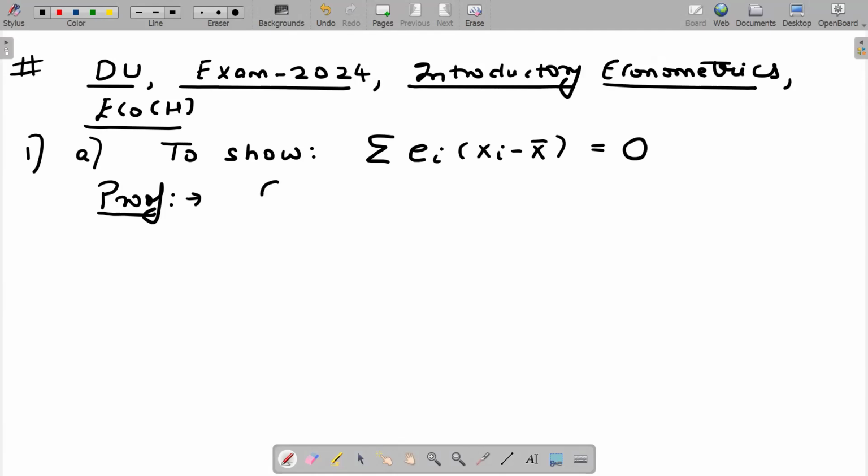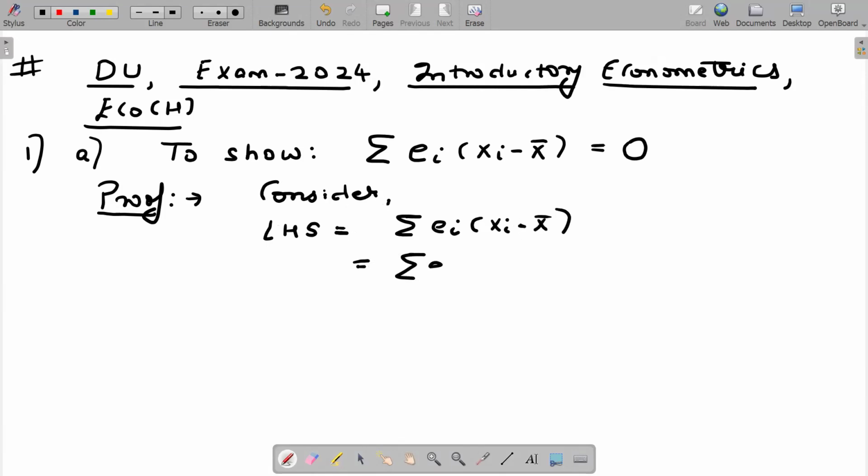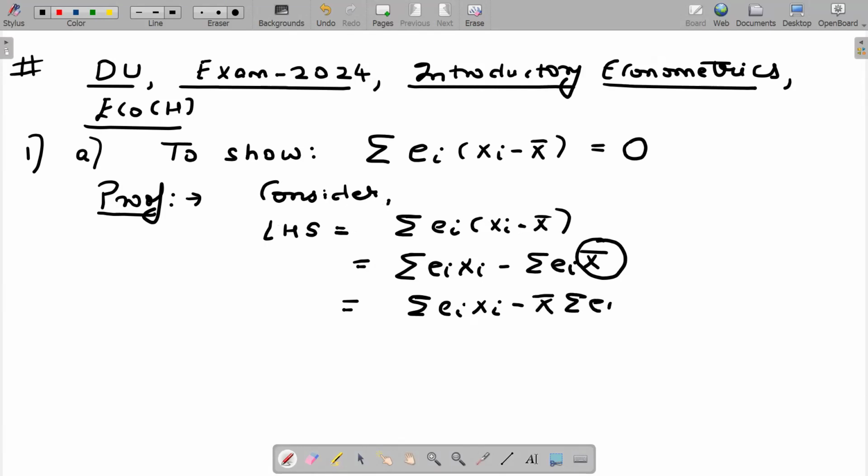If I consider the left hand side, which is summation ei times (xi minus x bar), and open up the brackets, this is summation ei xi minus summation ei x bar. I can write this as summation ei xi minus x bar, which is a constant and comes out of the summation, times summation ei.